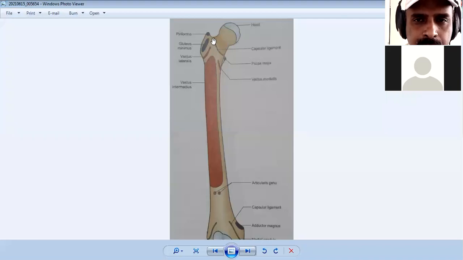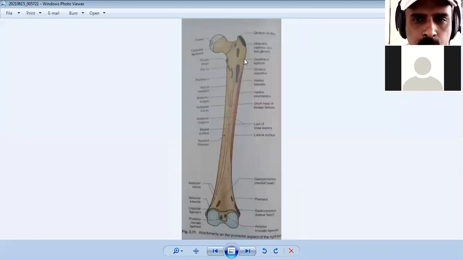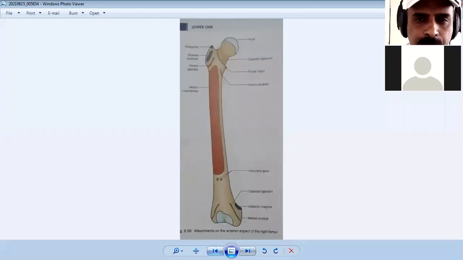Anteriorly, it has an intertrochanteric line, and posteriorly this is the intertrochanteric crest. Then we have neck and head, greater trochanter, lesser trochanter. That is all you have to remember about the upper end of the femur.